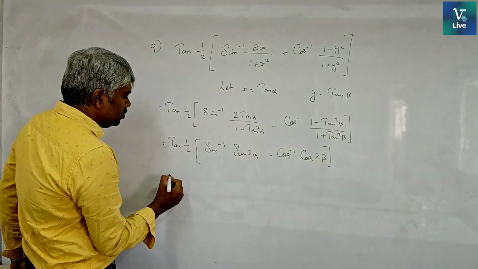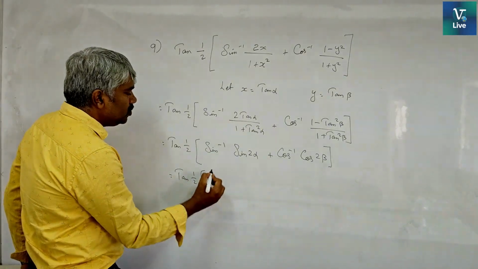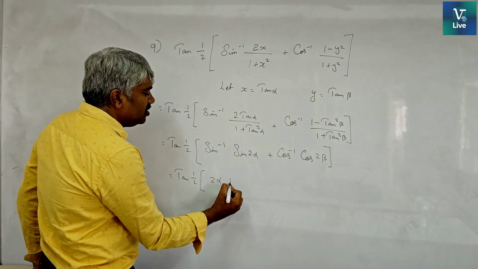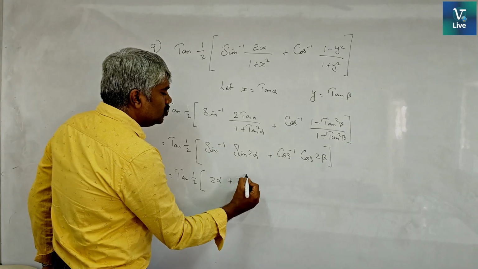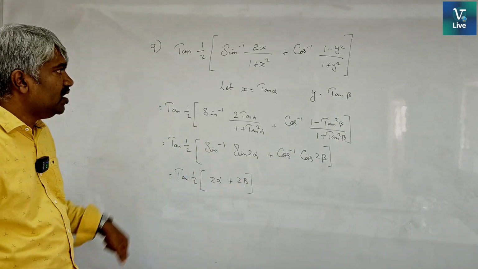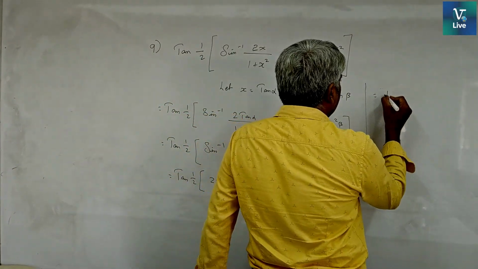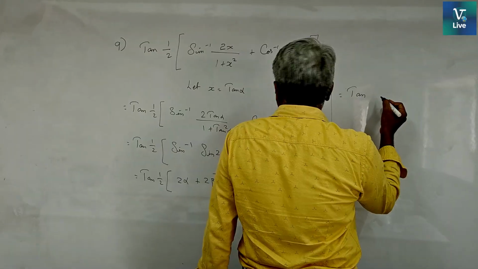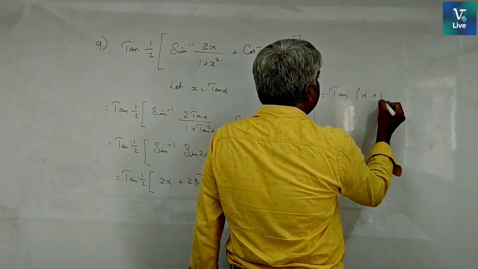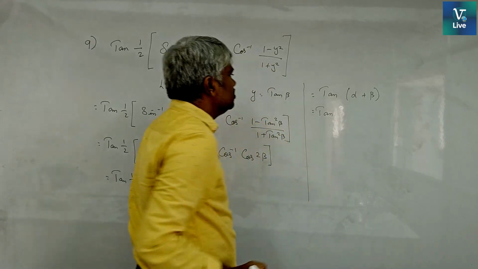So tan of 1 by 2 into 2 alpha plus 2 beta. Now you can take 2 common and cancel it, and your answer will be tan of alpha plus beta. Now substitute the values of alpha.